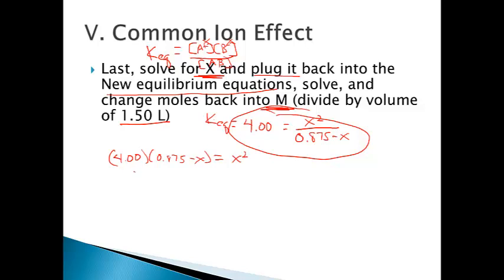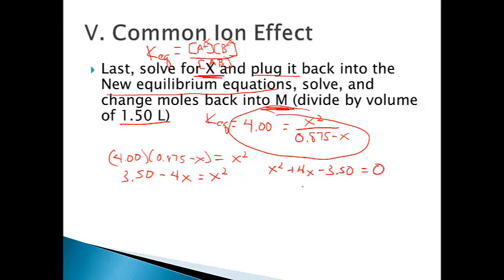Okay, multiply that out, and 4 times 0.875 will give you 3.50 minus 4x is equal to x squared. Okay, so we can move everything over to the other side. So we end up with x squared plus 4x minus 3.50 is equal to 0.